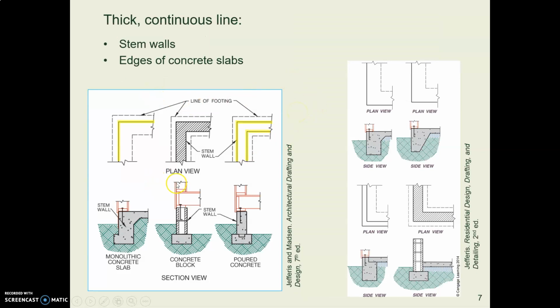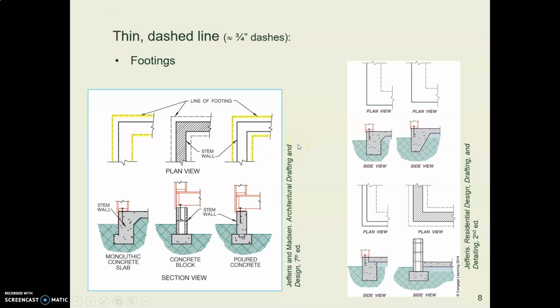For lines, the stem wall, which is this concrete foundation wall that's sticking up vertically, will be a continuous line and it will be thick. The footing will be outside of the stem wall and it's a dashed line, and dashed lines have longer dashes than hidden lines do.